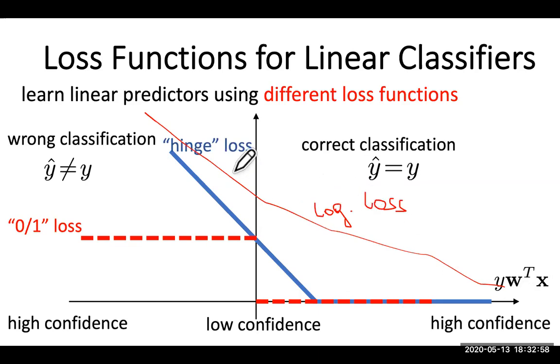Yeah, so after a certain threshold, there is no punishment at all. It goes exactly to 0. Some other properties might be important when we want to minimize it.